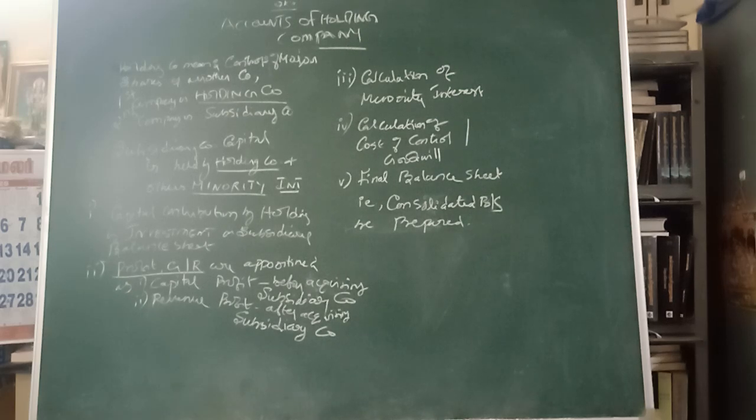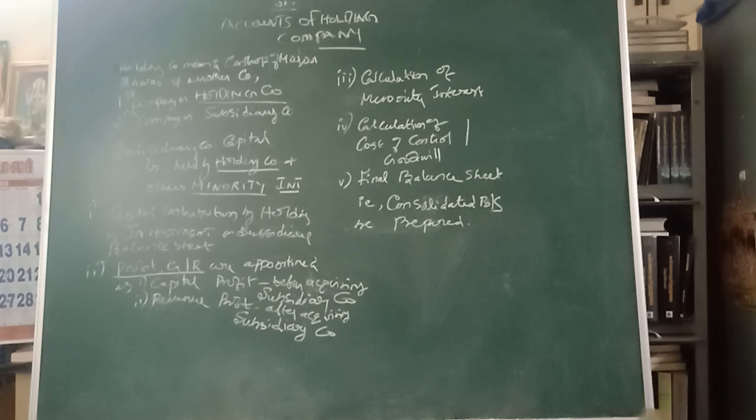This will appear as investment in subsidiary company. If I am contributing the major amount of 51% of the shares, for me it is an investment. Technically speaking, I am contributing another company's capital, that's all. And what things do we have to take?